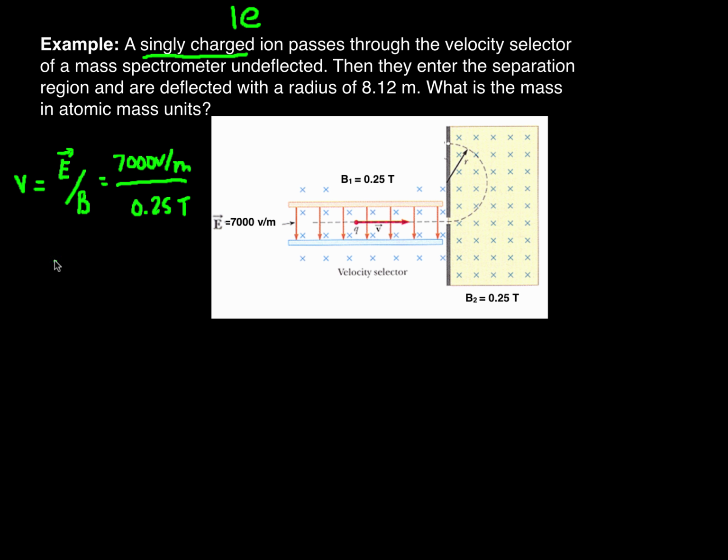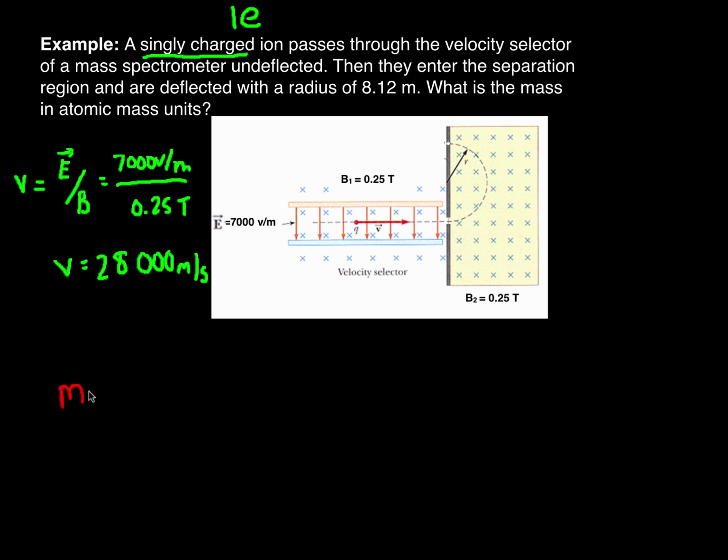This gives us a velocity equal to 28,000 meters per second. After the velocity selector, the particles enter the mass spectrometer region.